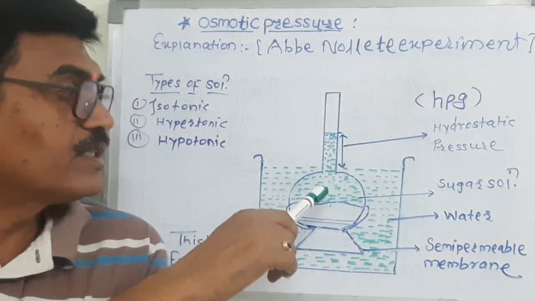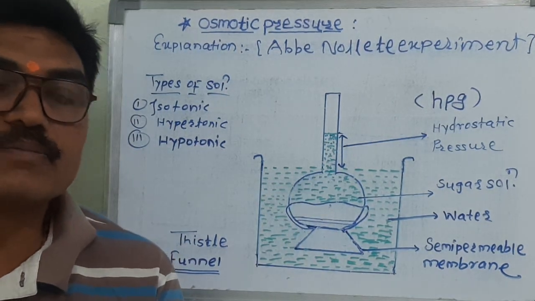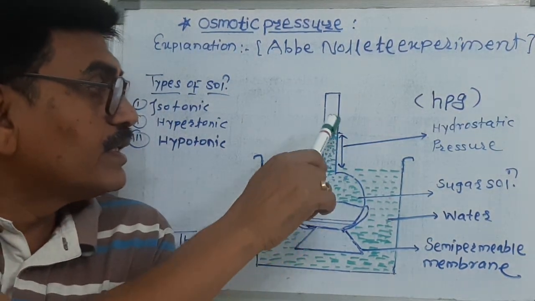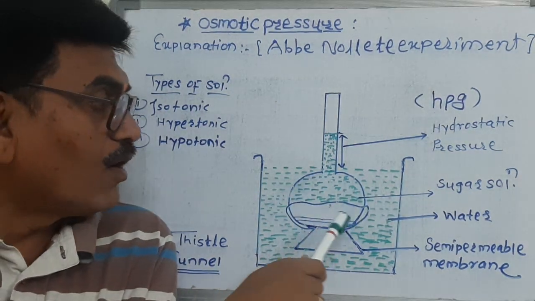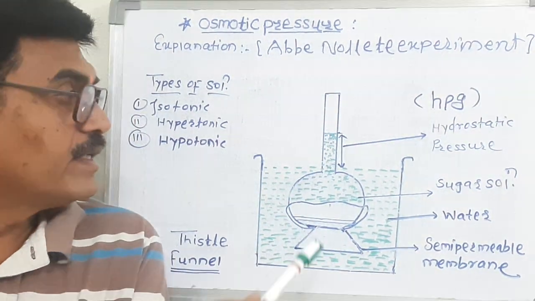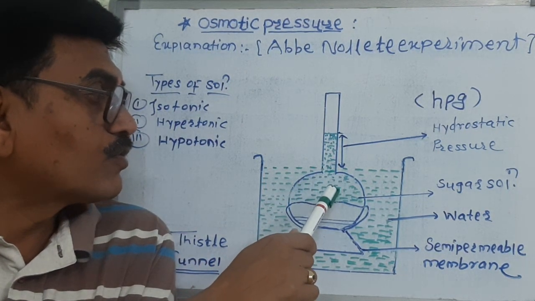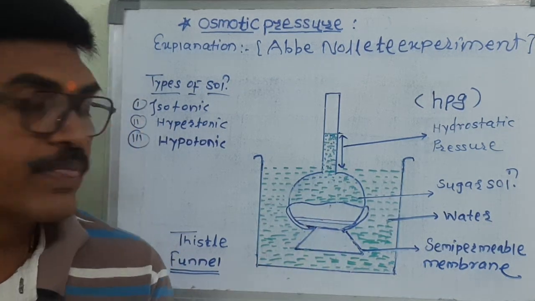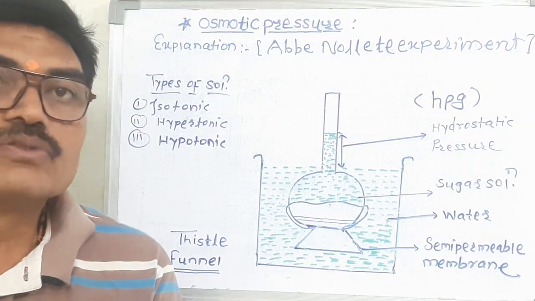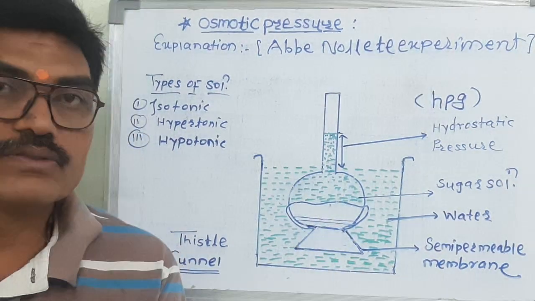This excess pressure or external pressure is also called excess mechanical pressure. This excess pressure stops the osmosis and forces solvent molecules from the sugar solution to pass back into the solvent, and the reverse process starts.